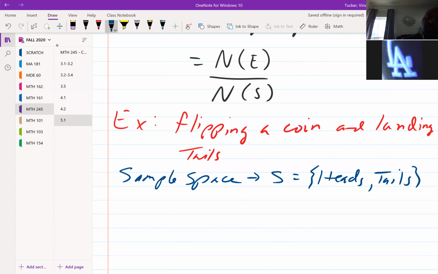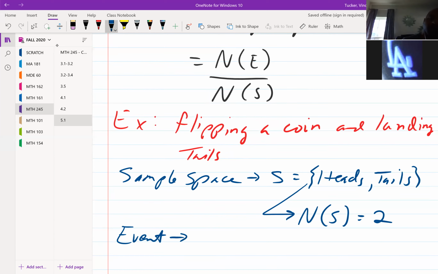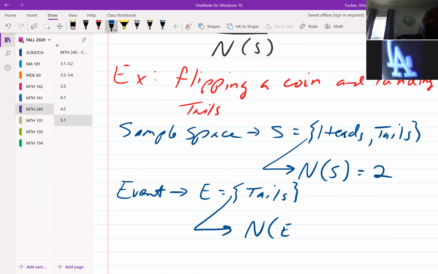So the number of outcomes in my sample space is just 2. My event, we can call it E for right now, we just want to know the probability of landing tails. So the number of outcomes in my event is 1.